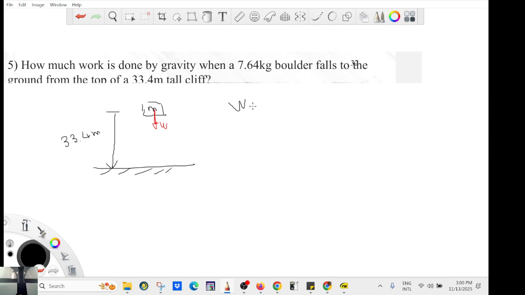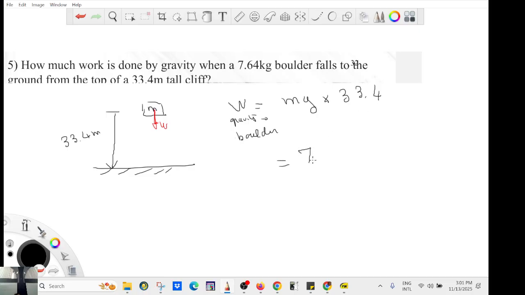So the work done by gravity on the boulder: the force is the weight times the distance, 33.4.